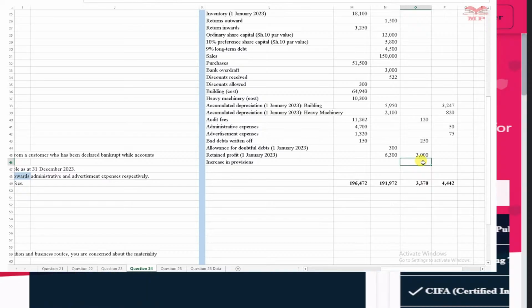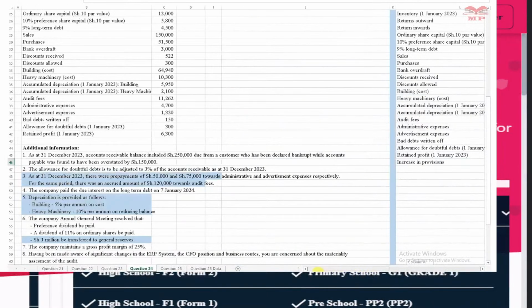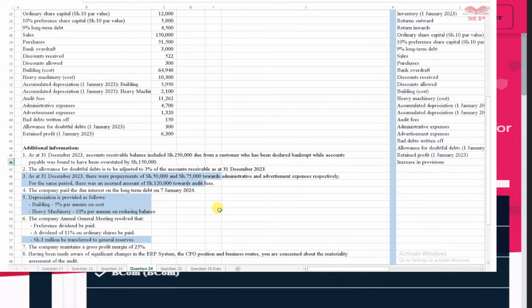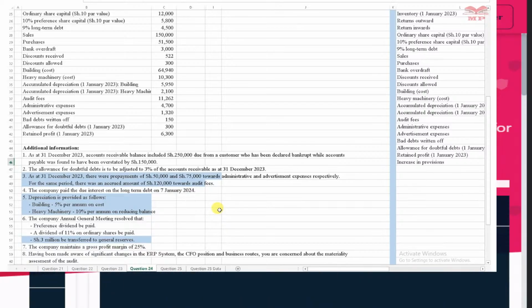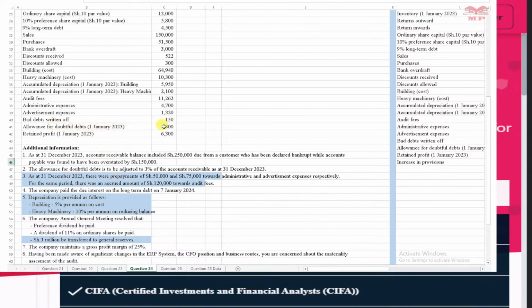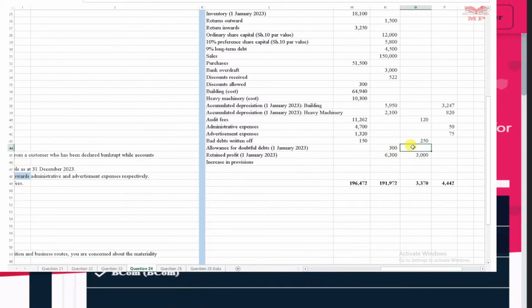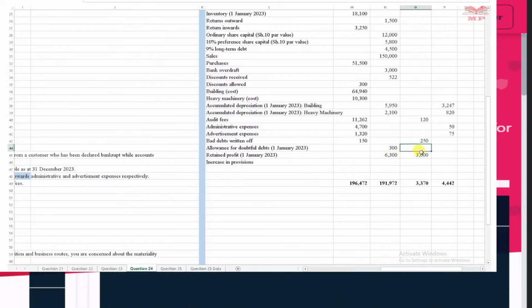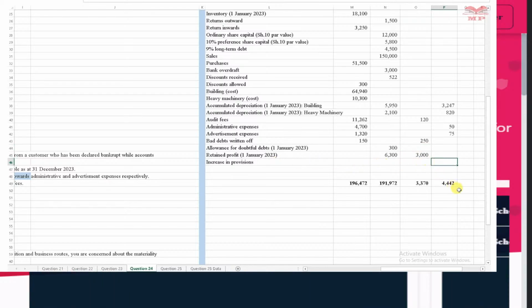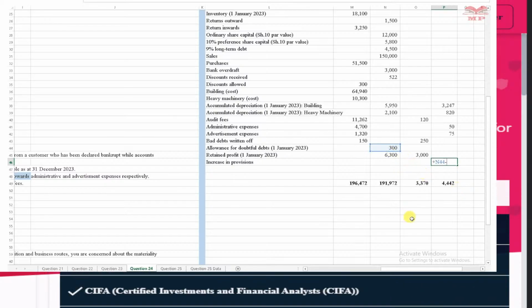based on the information right over here, guys. You can see that we've got the amount, the allowance for doubtful debts, which has been given over here, which is 300. So we'll pick the 300 for the increase in provisions, like that, and then we subtract.